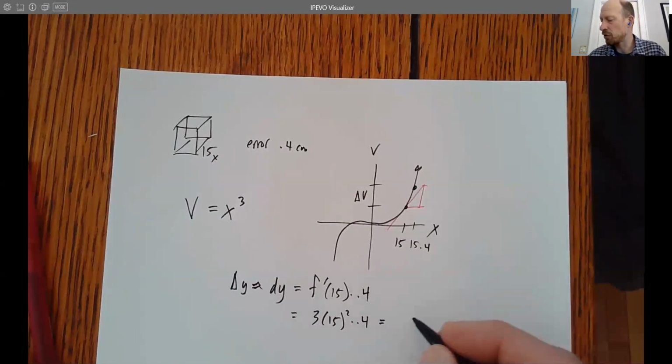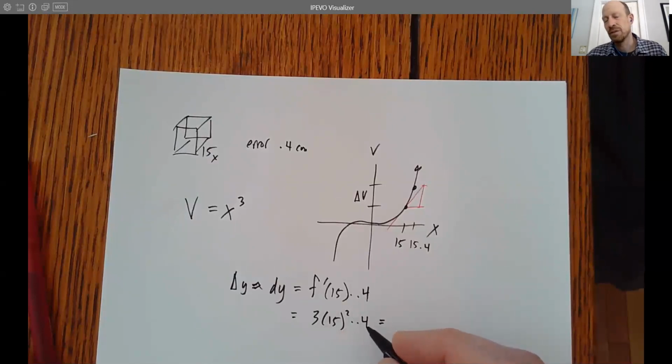Now, whatever this number is, 15 times 15 is 225 times 3, 675. I don't know. Something like 500, let's say, or no, it would be less than that. 250. I don't know what it is.